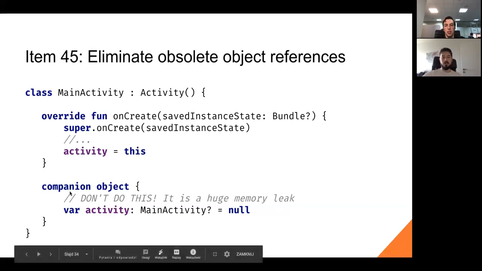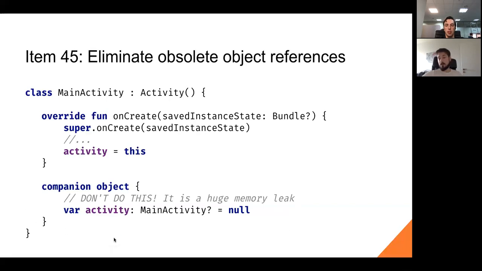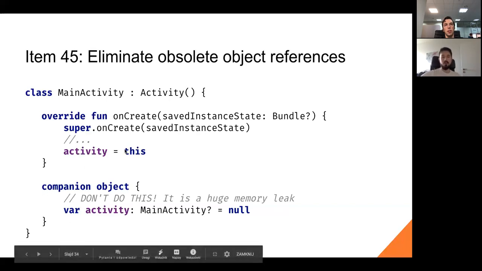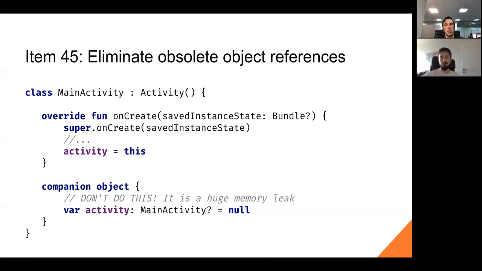And when we hold in companion object a reference to activity, we are holding a very big object statically, so it cannot be cleaned up. It just cannot be cleaned up until we change it with something else. So when we store this activity statically, it will be kept as long as our application is running, which is a huge data leak because on other screens it might be not needed at all.